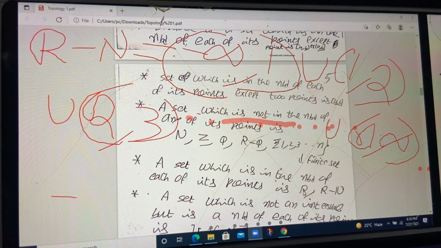So we cannot write it as minus infinity comma infinity, but it is a union of open intervals. For an open interval, every point of it is interior. Therefore, every point of R minus N is an interior point. Therefore, R minus N is also an example of a set in which every point is interior.